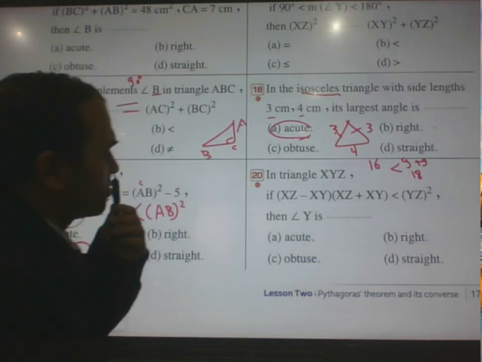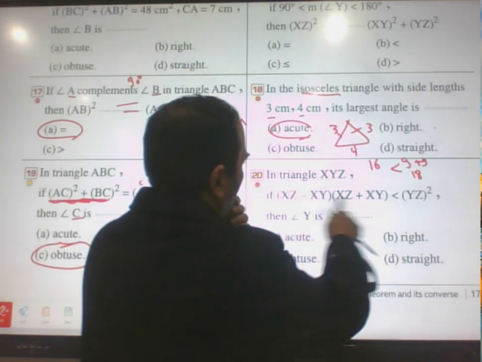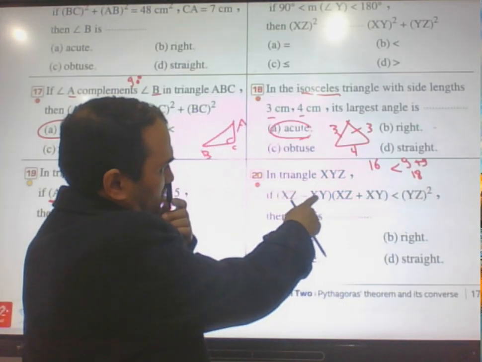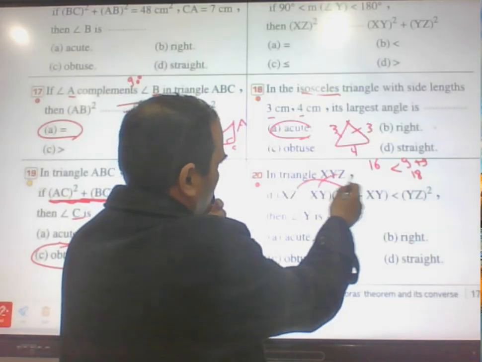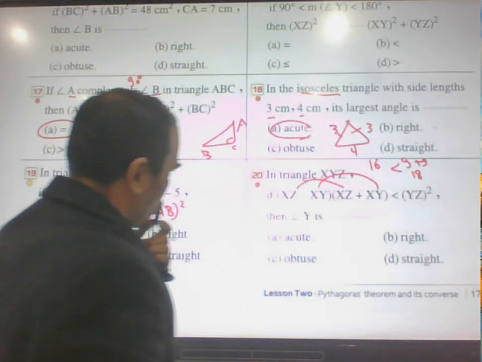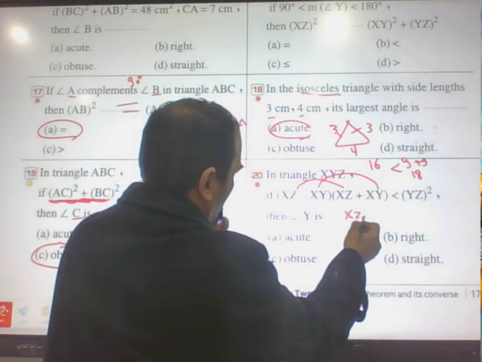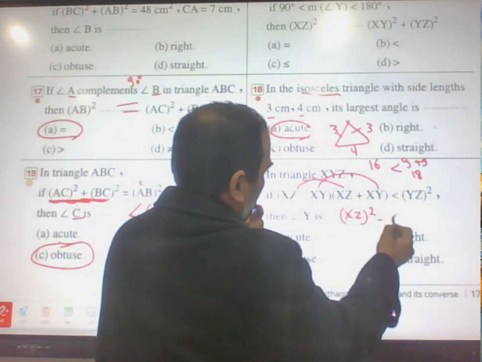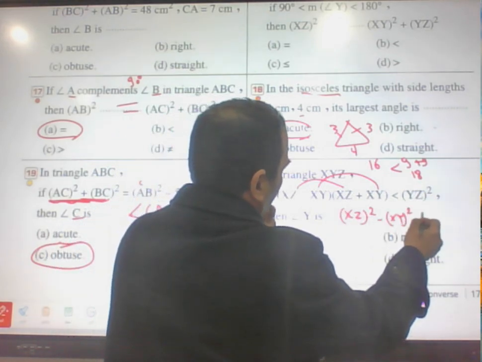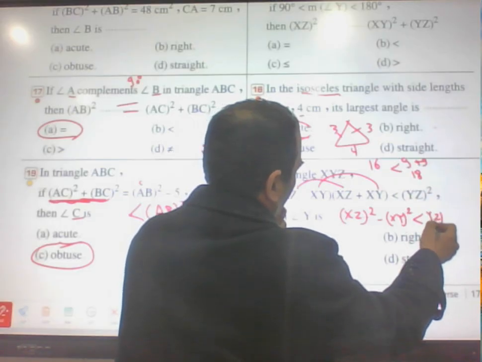Okay, next question. We have the product of XZ minus XY and XZ plus XY. We can multiply first by first, second by second. There will be the difference between the squares. Then we have XZ power 2 subtracted by XY power 2 is less than YZ power 2.